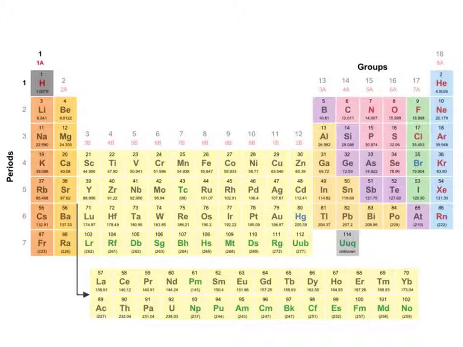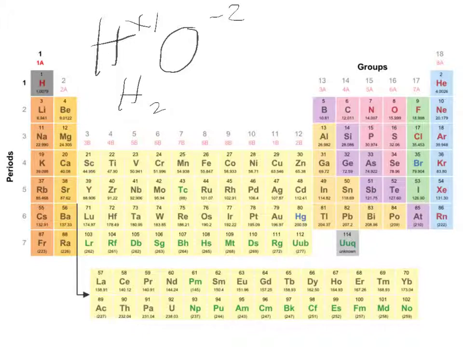H has a +1 charge, and O has a -2 charge, so there have to be 2 hydrogens to balance out the equation. But that's not what this presentation is about. The presentation is about naming that.